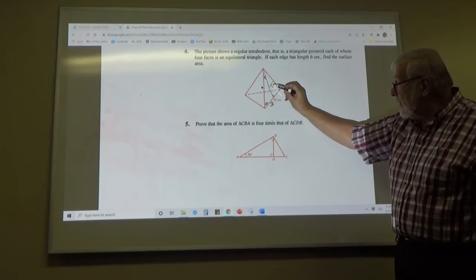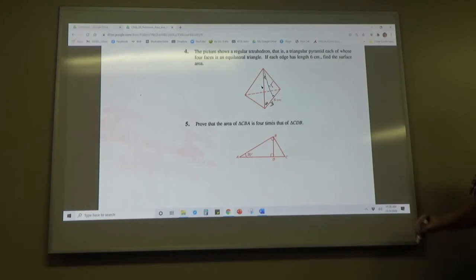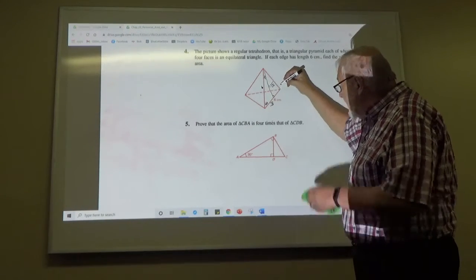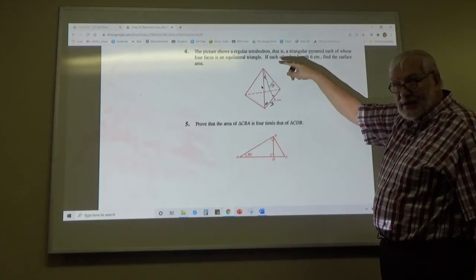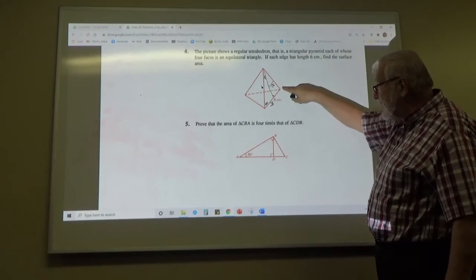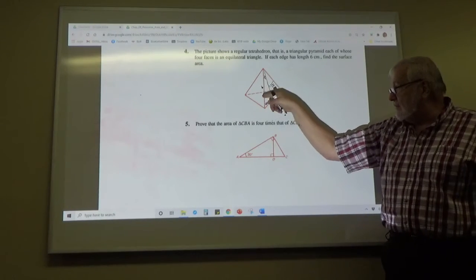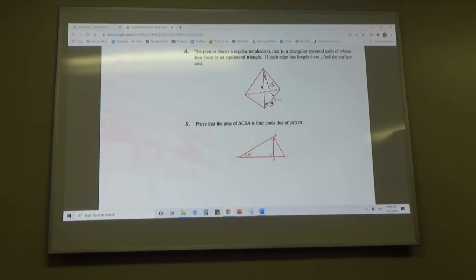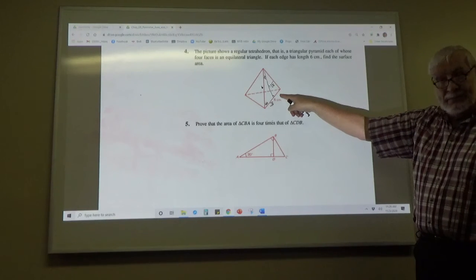But what is the square root number that goes under there? 3. That's good. That's what I wanted to say. So that makes this 3 times the square root of 3. So the area is 1/2 times 6 times 3 square root of 3, and we have 1, 2, 3, 4 faces the same way. So that's how you find the surface area, but you have to be able to do that with that isosceles triangle.